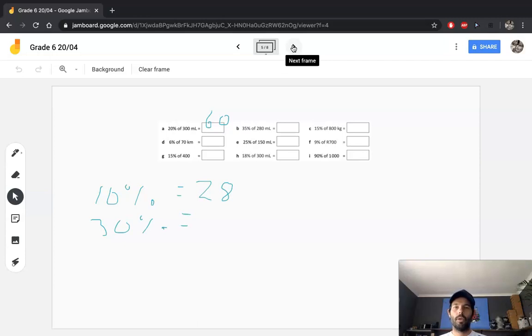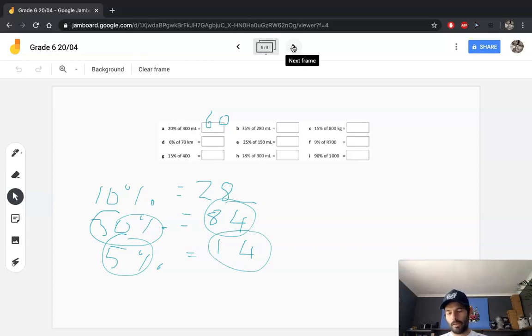Okay, so 20 times 3 is 60, 8 times 3 is 24, so that's going to give me 84. And then 5% must equal 14, and then it's just adding 30% and 5%. Okay, and that's going to give you 98.